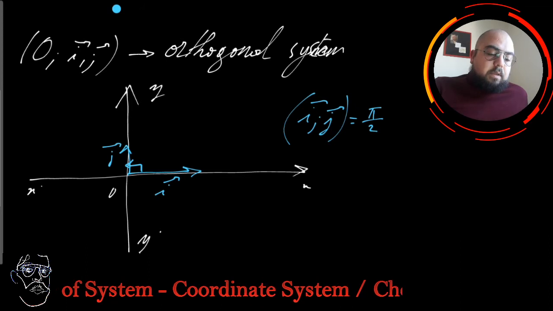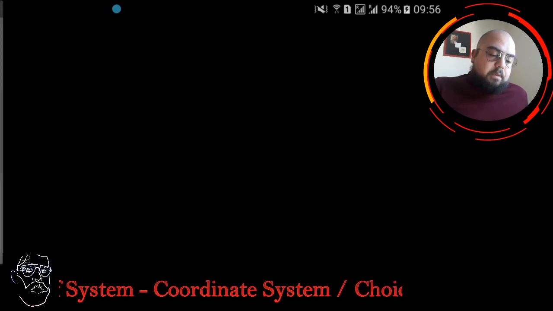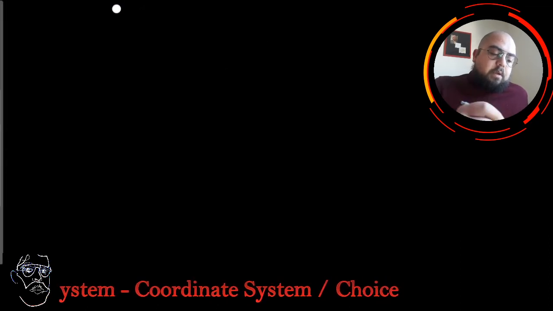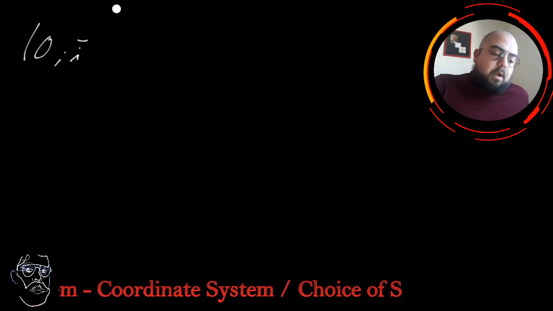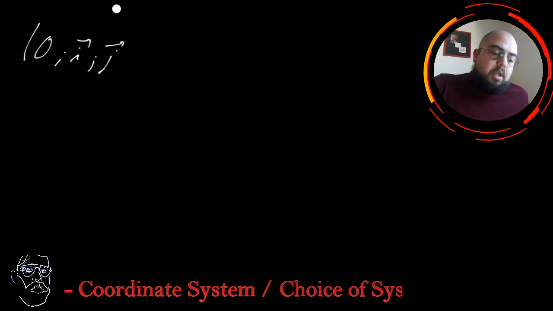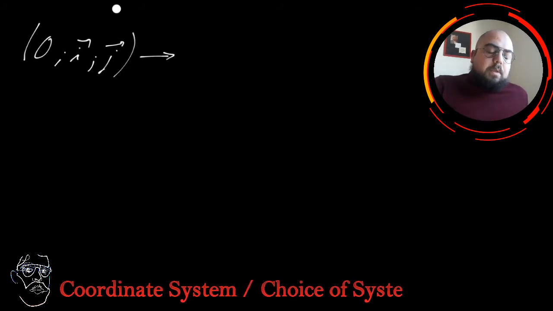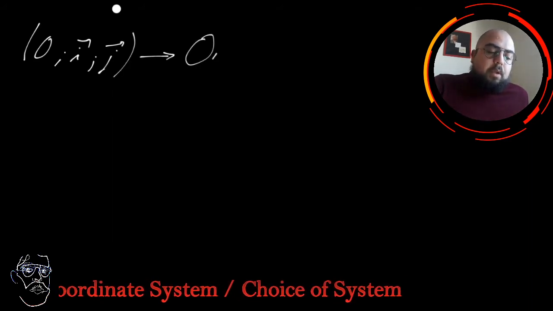Now, there is a third case where we can have the system O, I, and j. The system is orthonormal.